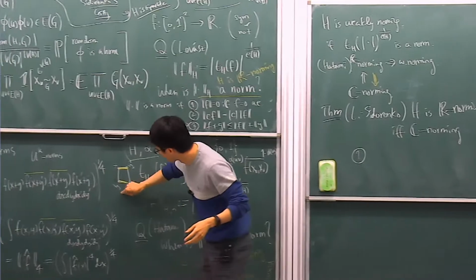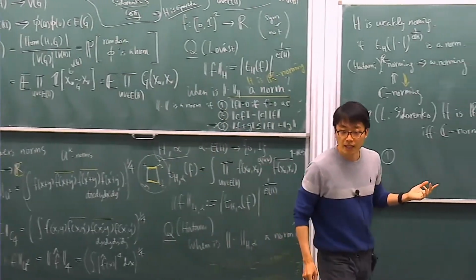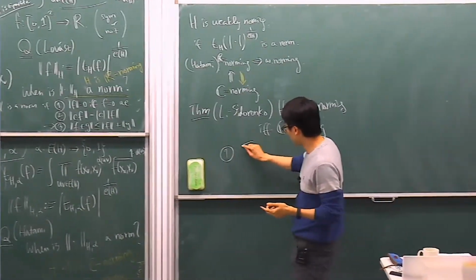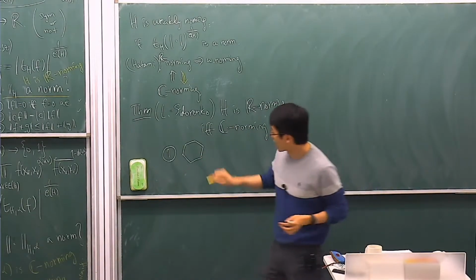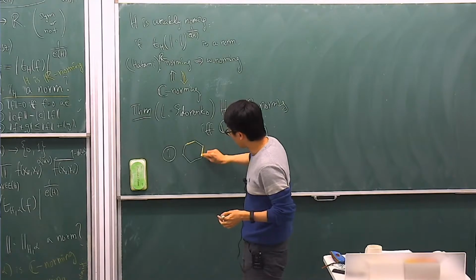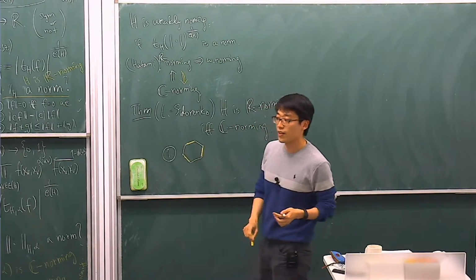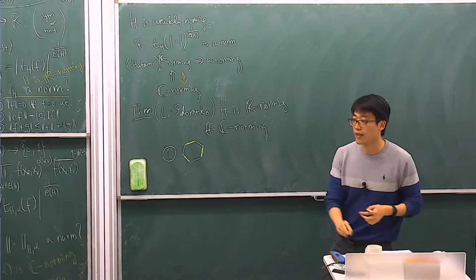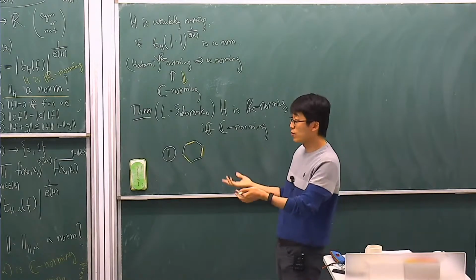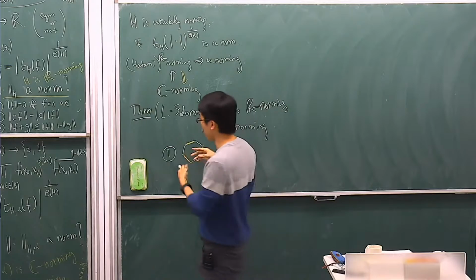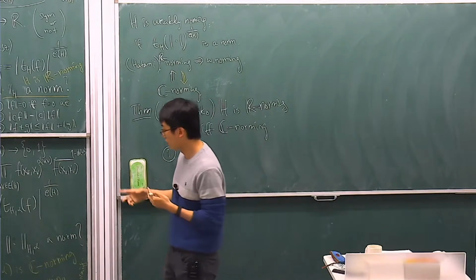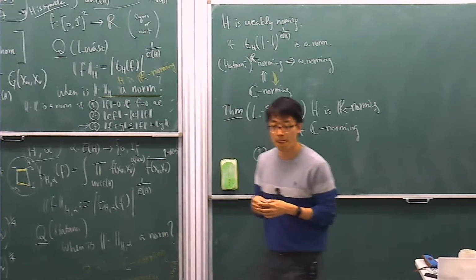You've just seen one example here, the full cycle, and for any even cycle you can do the same. For example, you can take another alternating coloring like this, and that gives you the unique up to isomorphism coloring that makes my H complex norming.